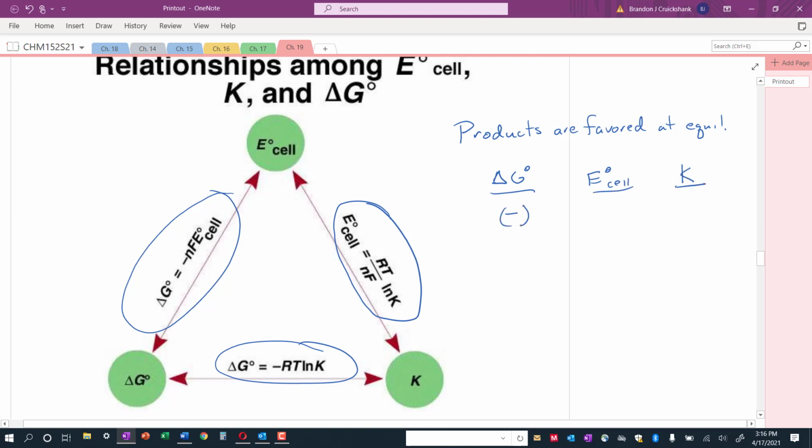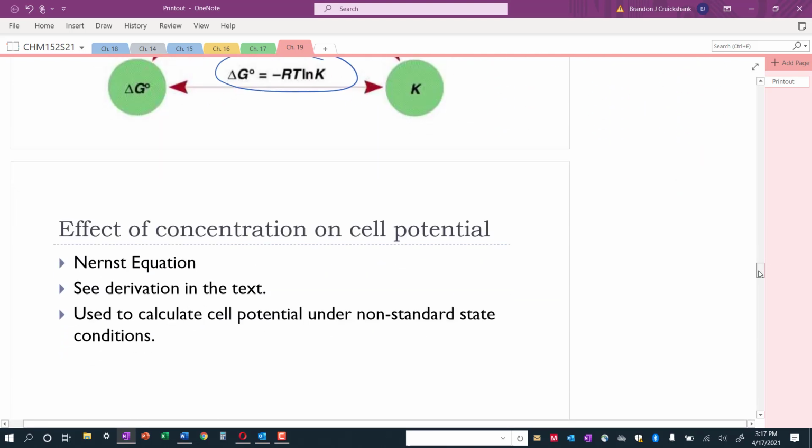We've already gone through this, but negative delta G: at the start of the semester we just said, oh, delta G negative, spontaneous. Well, that's really this non-standard delta G. The standard delta G really tells us equilibrium position. Products are favored at equilibrium with a negative standard delta G. Equivalently, a positive cell potential. Products favored at equilibrium, large K. All right, I think that's enough.